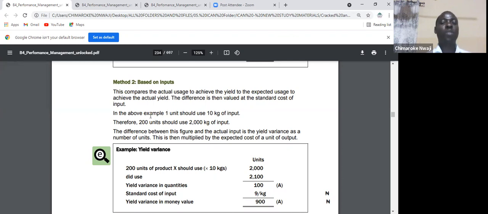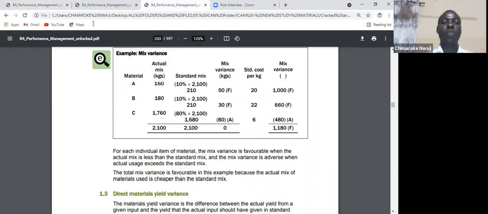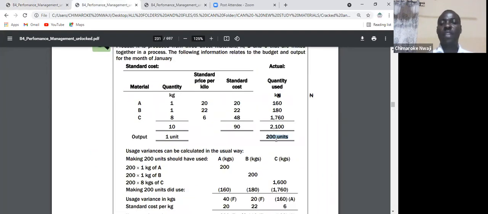In the output method, you started with the inputs: how many inputs should yield the output? But now in the input method, we are starting from the output to see how many inputs you need to get it. So here, 1 unit should use 10 kilograms of input. How many units did you actually make? 200 units.